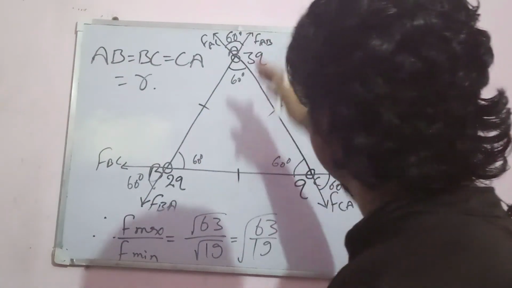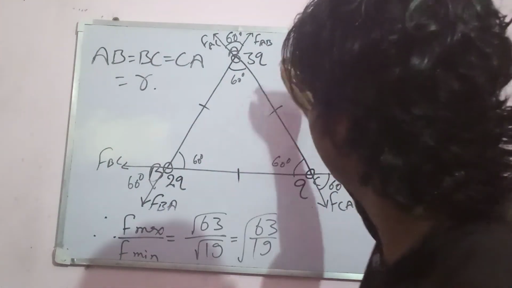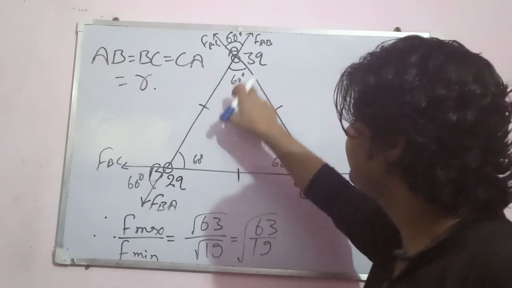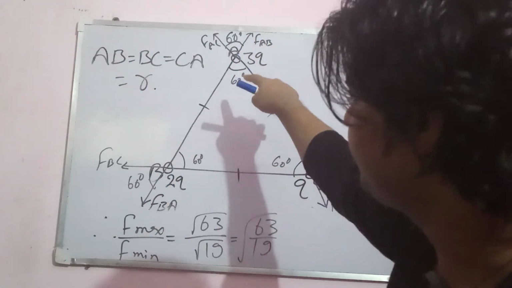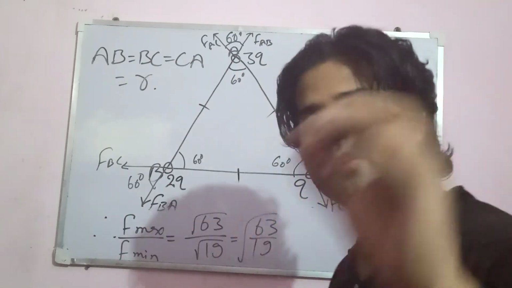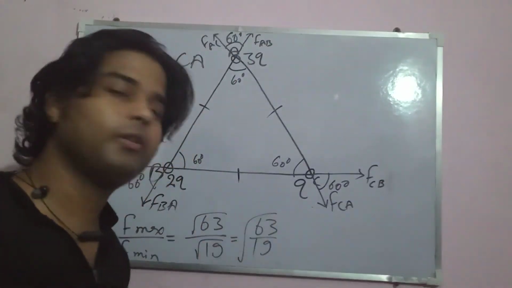So in another problem, we can identify exactly that the charge with the maximum magnitude experiences max force, and the charge which has minimum magnitude experiences minimum force. We'll take that ratio, and our answer will be this.